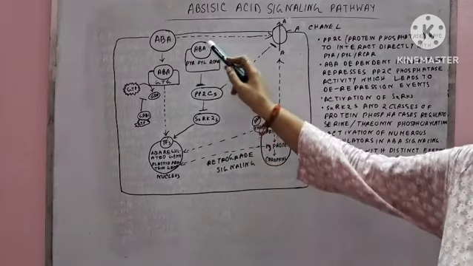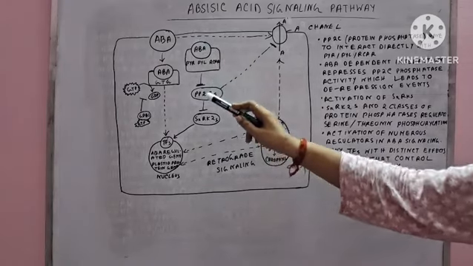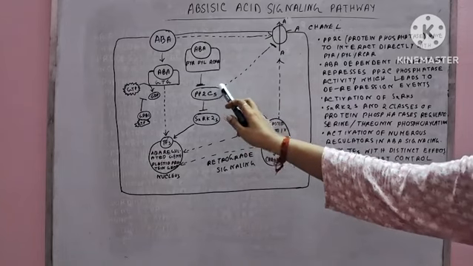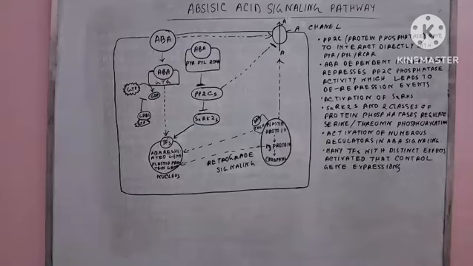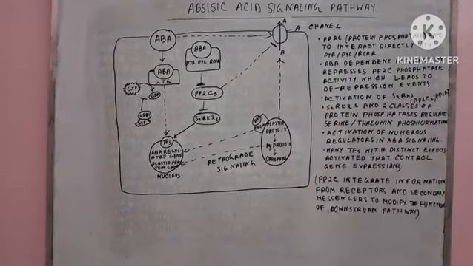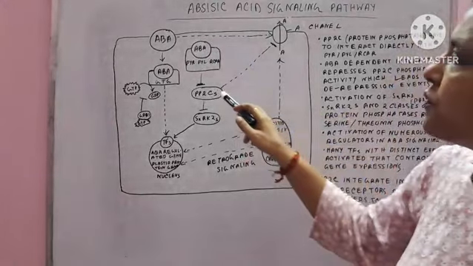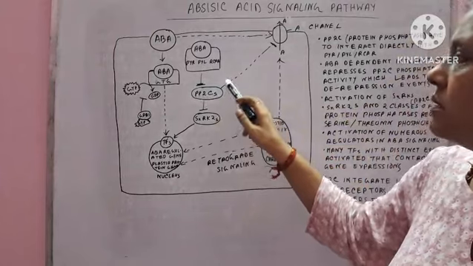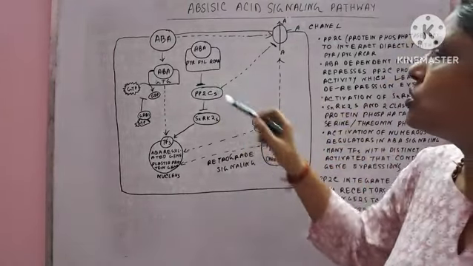When ABA binds with this receptor, the phosphatase activity of this protein is totally stopped.